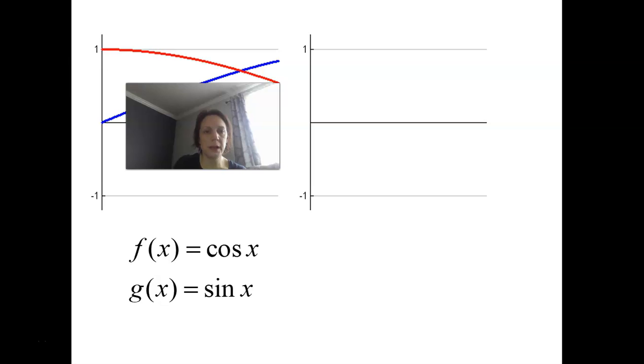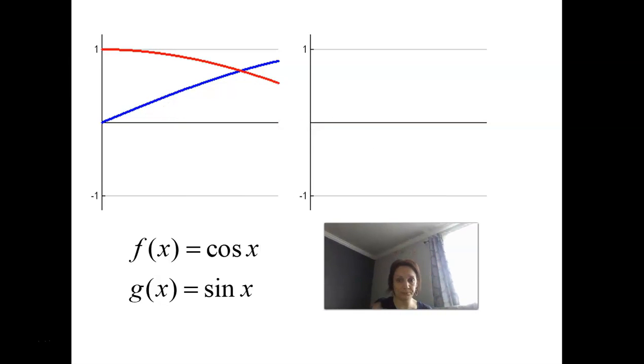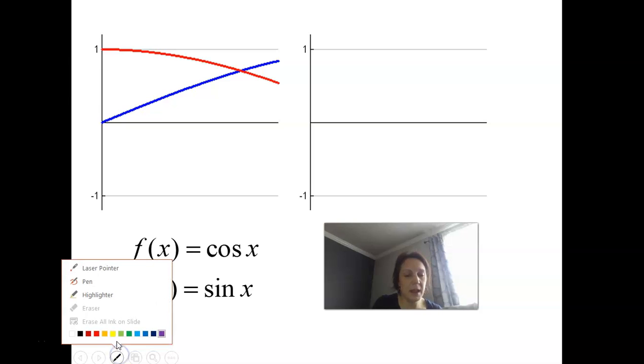All right, so let's revisit this cosine and sine problem. Let's see if we can write an integral using washers for this volume. So again, the first thing that I'm going to do is this reflection, and I'm going to color code it a little bit to try to help us out.